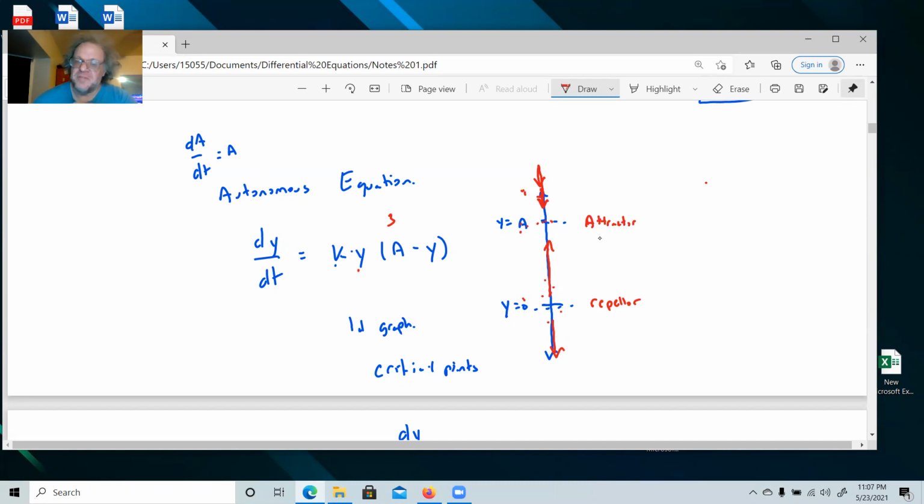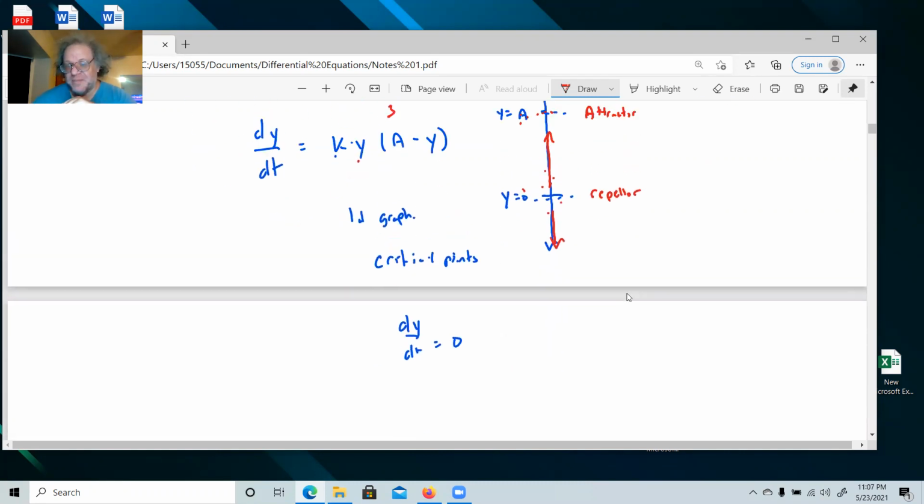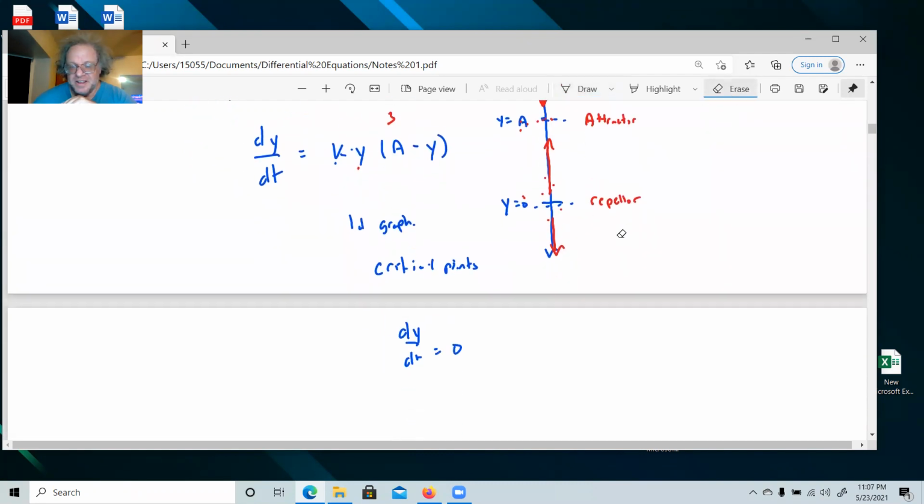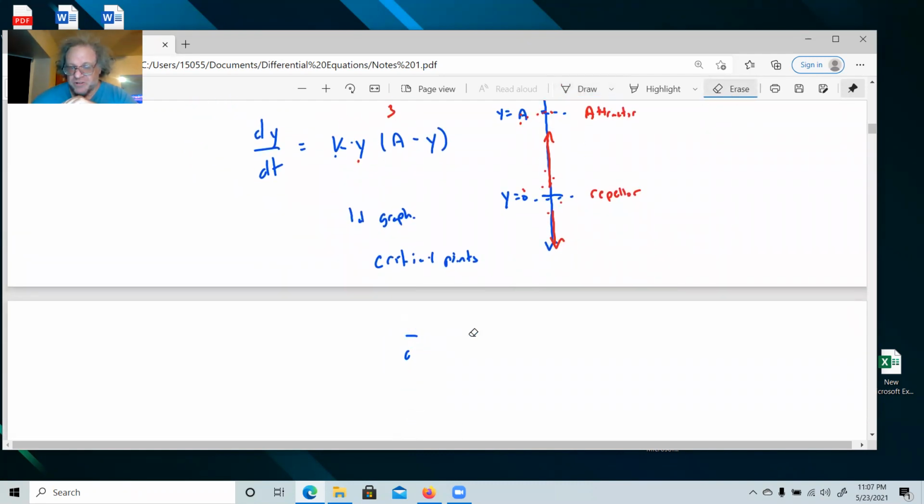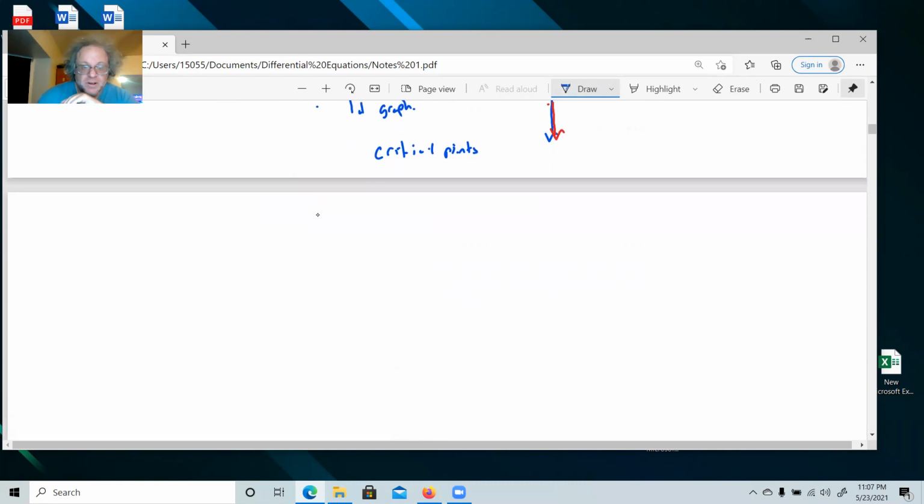Now for a two-dimensional phase diagram, we can draw a graph. Let's go ahead and change my color too. So here's my y, here's t.